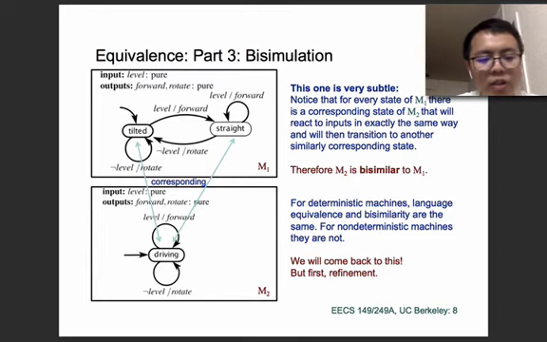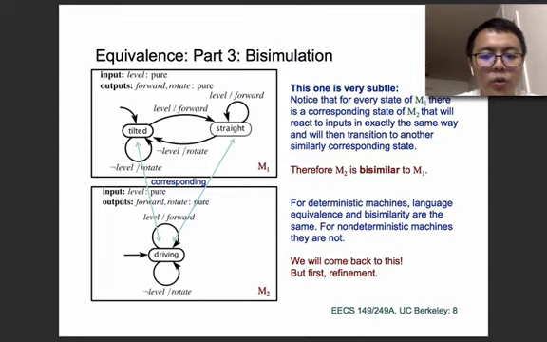This is a very subtle concept. Notice that for every state of M1, there is a corresponding state of M2 that will react to the inputs in exactly the same way, and then transition to another similar corresponding state.